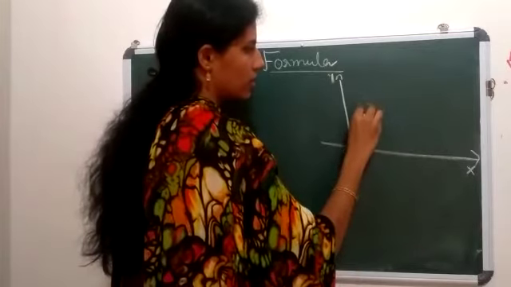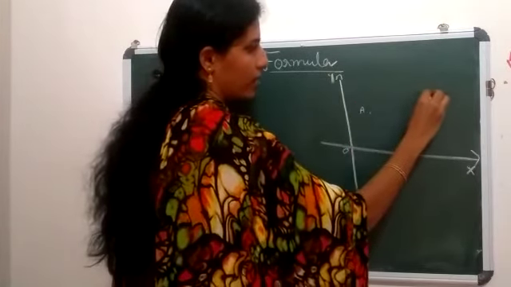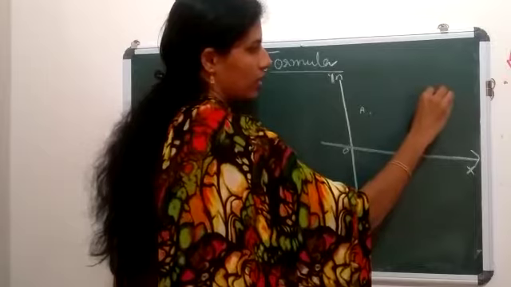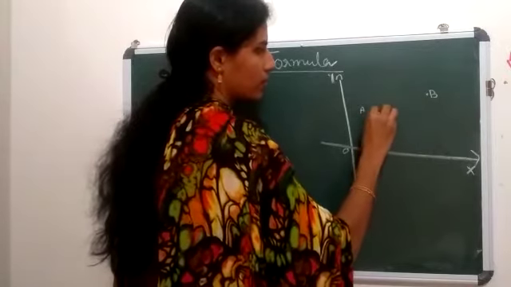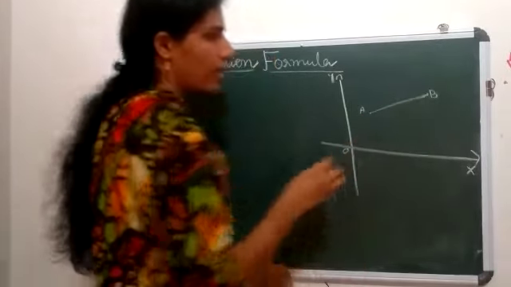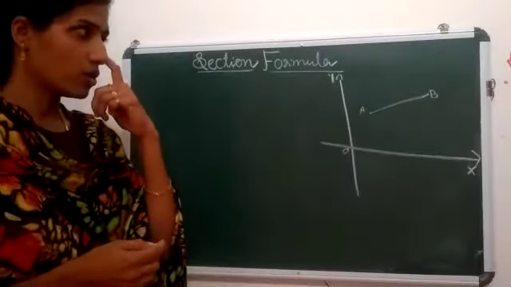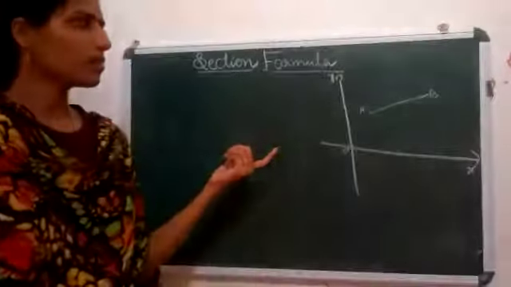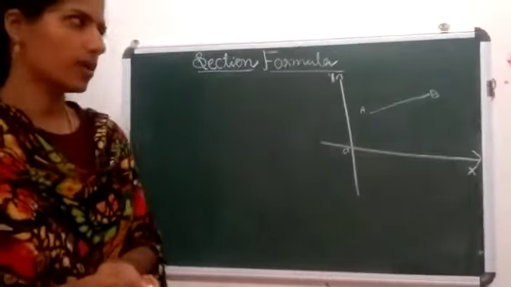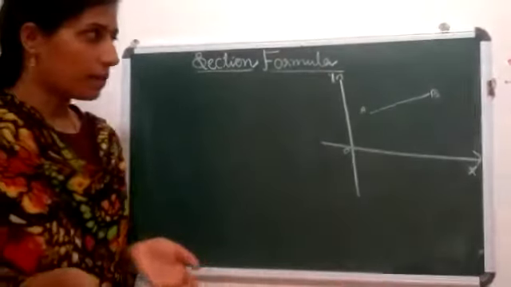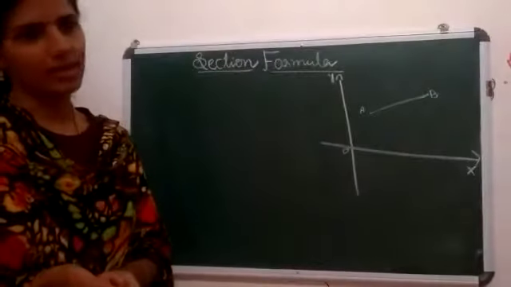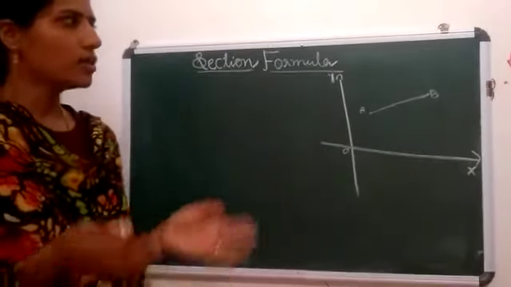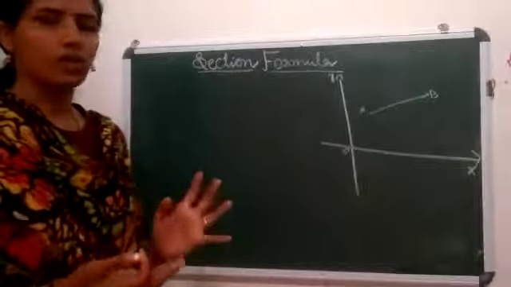One is A and one is B. A, B are the 2 points on the plane. So we have already learned that the distance between the 2 points on the plane can be calculated using the distance formula. Okay. So in this section, we are going to see a different way.